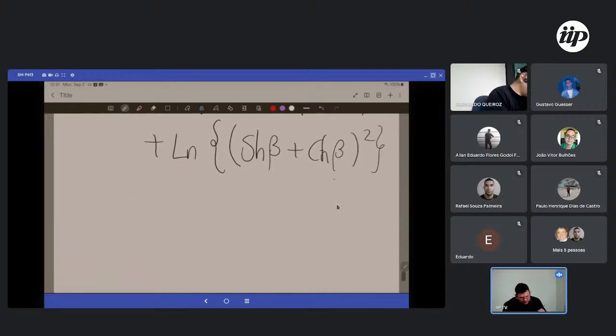So if we make some transformation, we can obtain the following equation.